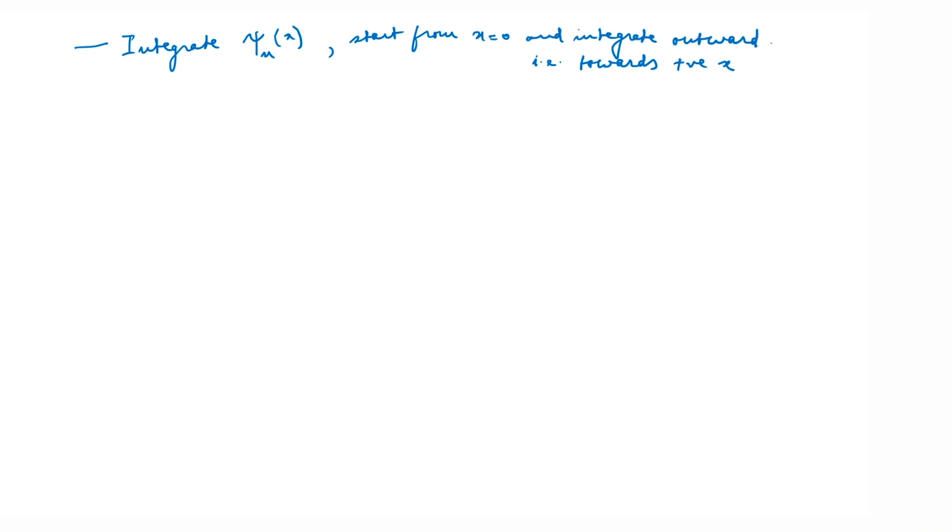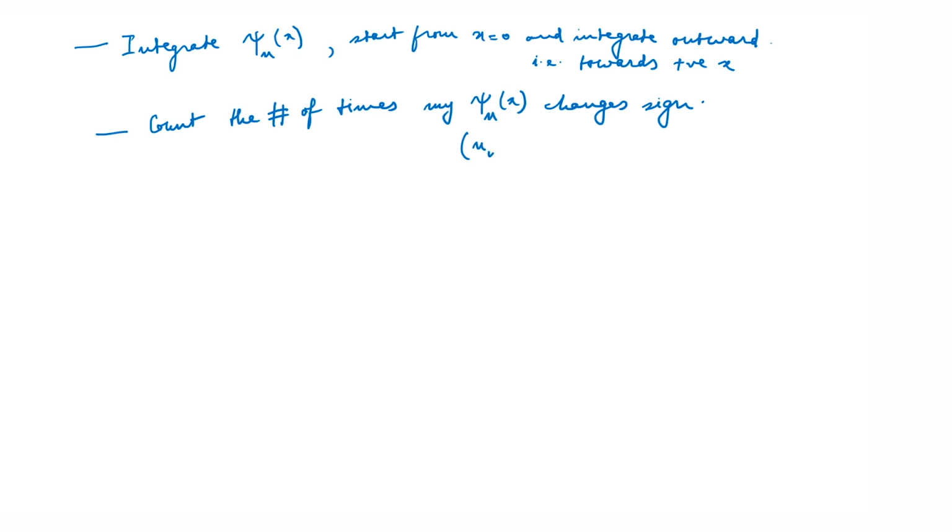While doing this integration, I need to do another thing. I also count the number of times my wave function, psi n x, changes sign. Let us call this number n int.